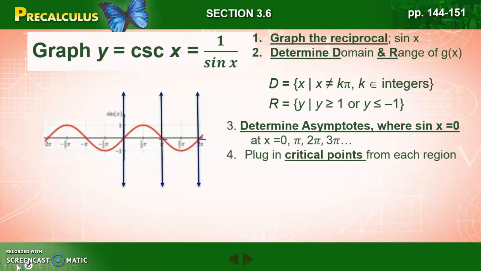We can plug in critical points from each region then. So let's find sine of pi over 2 equals 1. Sine of 3 pi over 2 equals negative 1, and then we are going to go ahead and sketch those.